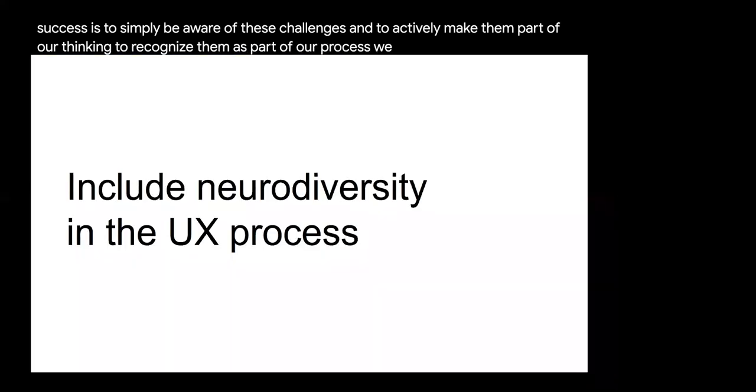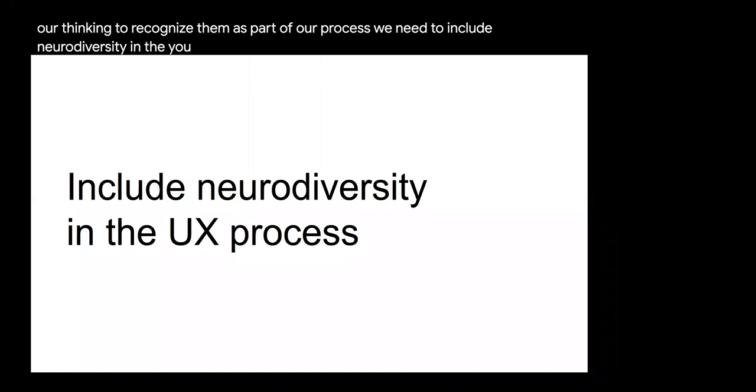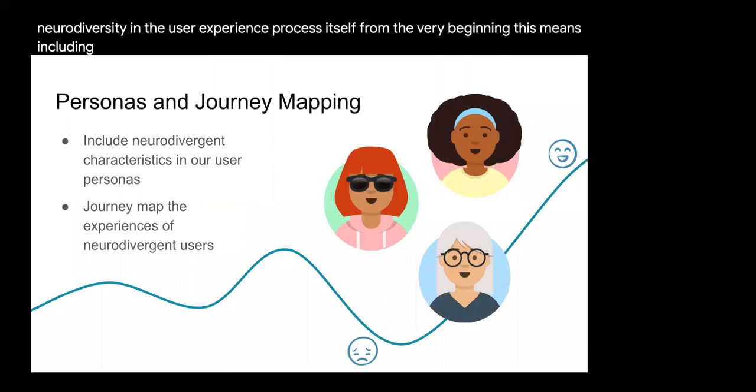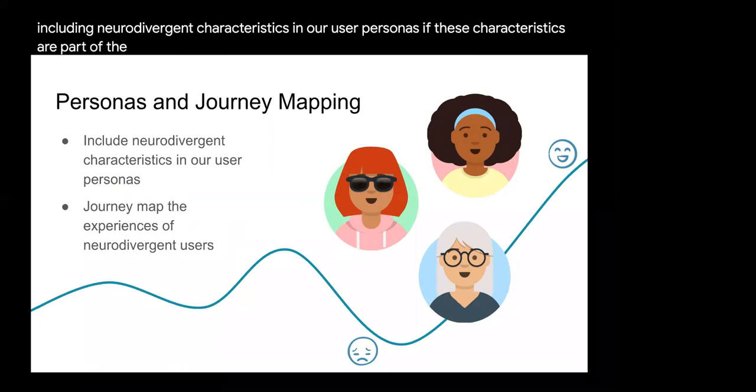We need to include neurodiversity in the user experience process itself from the very beginning. This means including neurodivergent characteristics in our user personas. If these characteristics are part of the people that you're designing from, you will naturally consider their needs as you go.